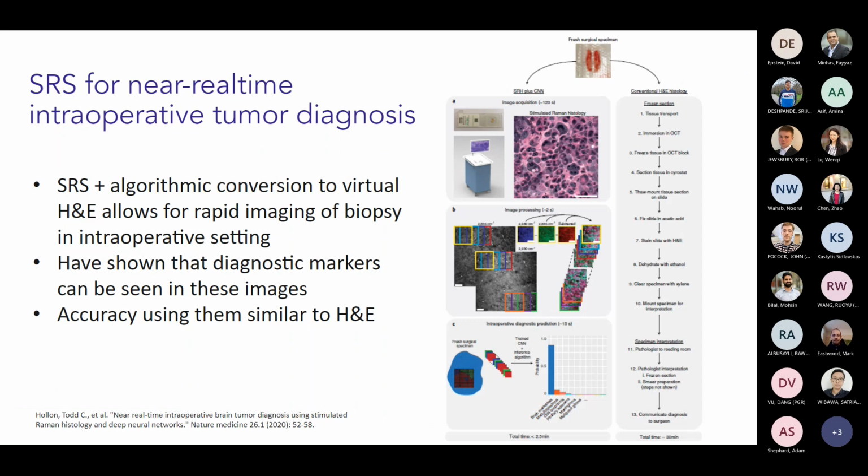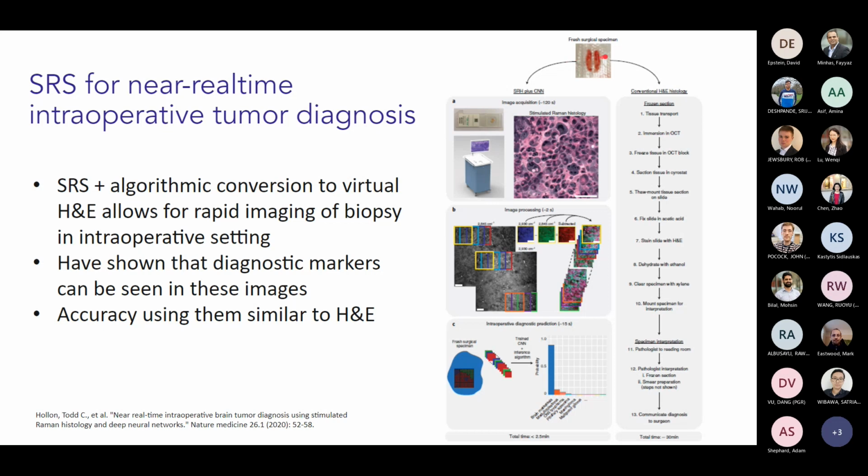So just going to quickly talk about a paper that was published fairly recently, last year, using this method. They've used this imaging technique for some near real-time intraoperative tumor diagnostics.